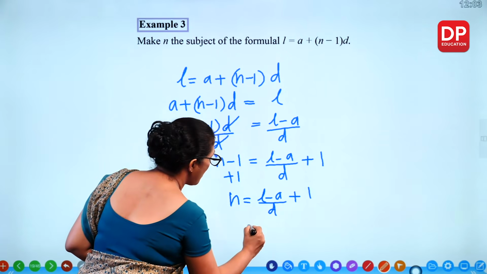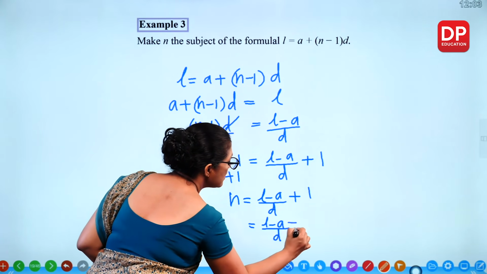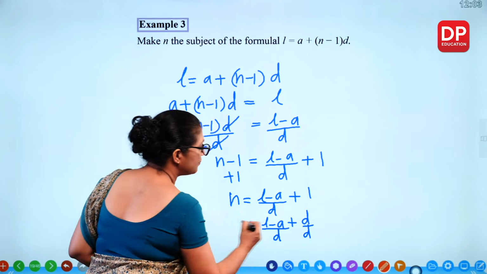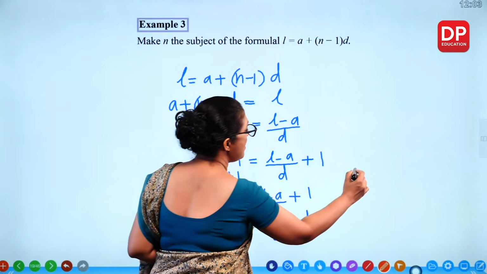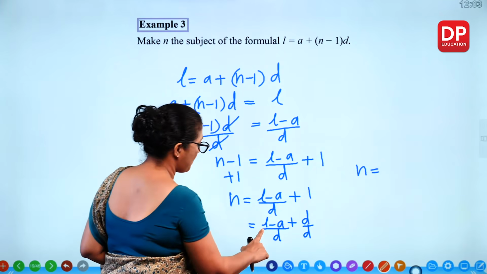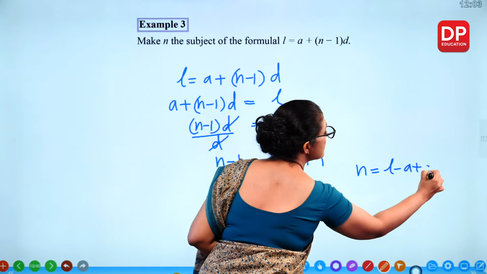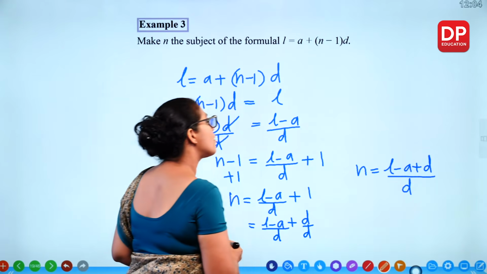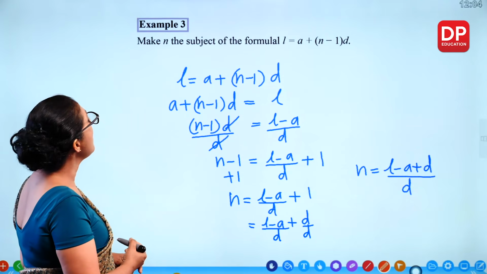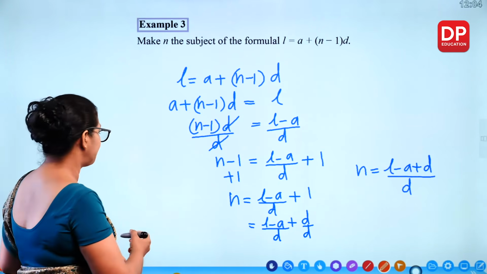I can write 1 as D over D. Then I can write N equals L minus A plus D over D, as D is the common denominator. So N equals L minus A plus D over D.